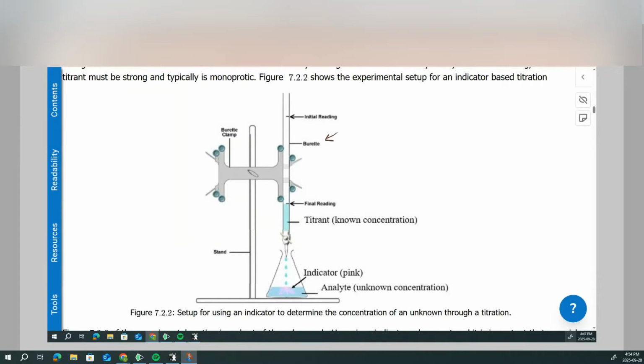And usually what we do is we're going to put an indicator in with the analyte so that it changes color at a certain pH so that we can accurately measure where the equivalence point is. And the equivalence point is the volume of titrant that tells you how much you need for a stoichiometric reaction.